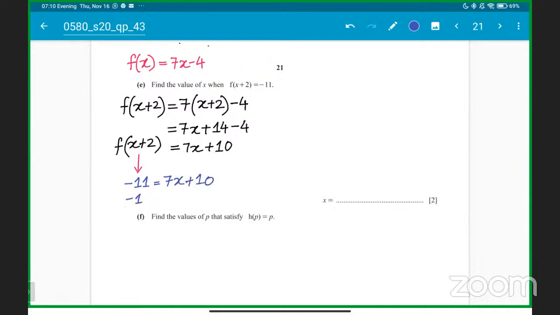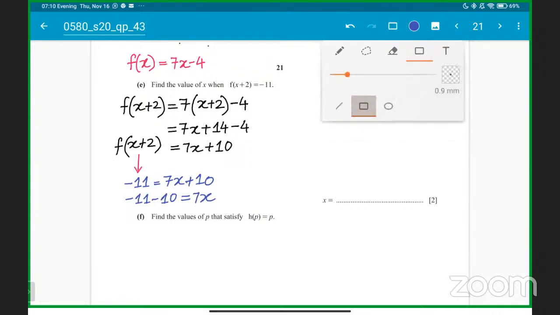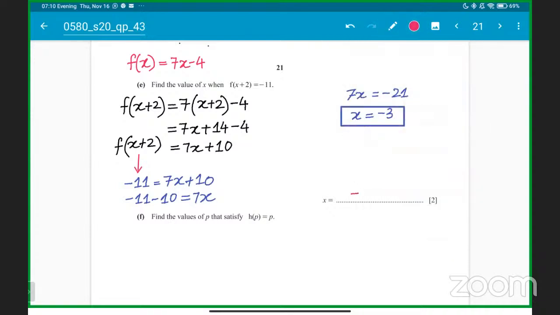So -11 minus 10 gives 7x is equals to -21. And you already know 7 threes are 21, so the x value should be -3. And that is the correct answer as well. Everyone got this? We are getting x equals -3. People got it? Clear? No problem? Got it, sir. Okay.